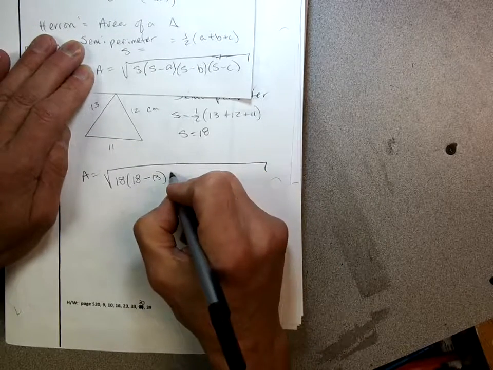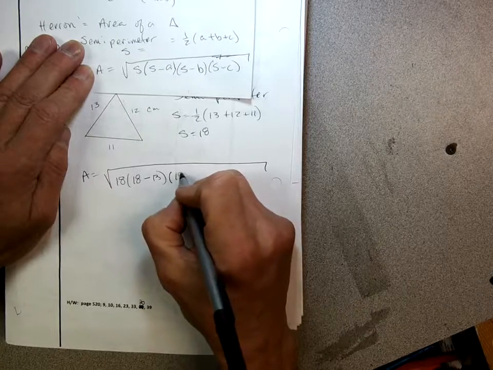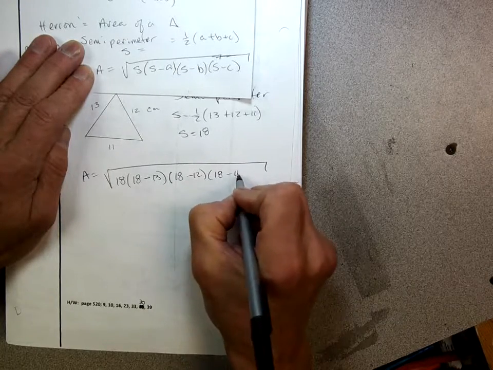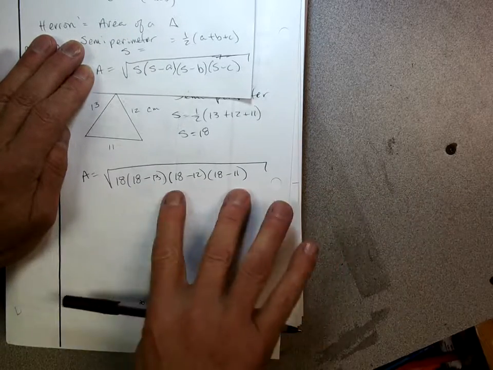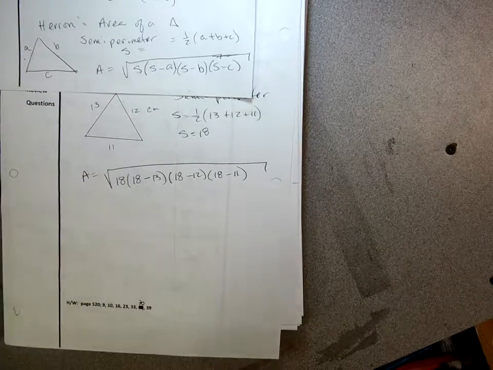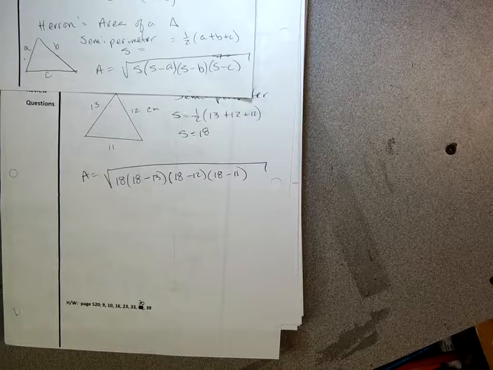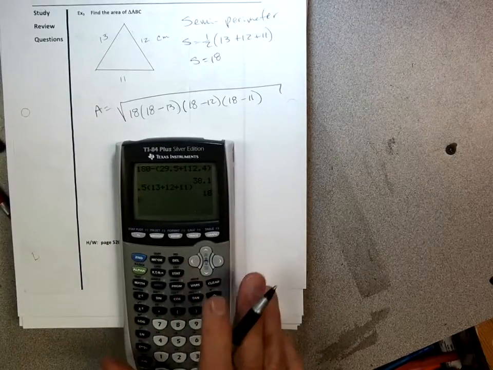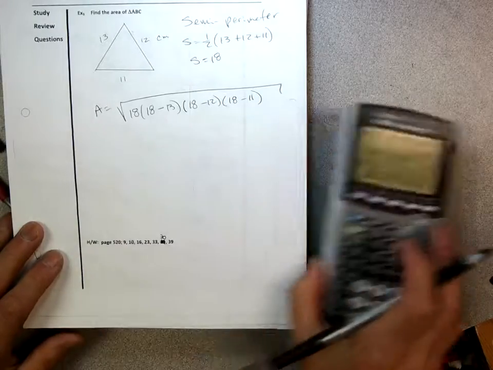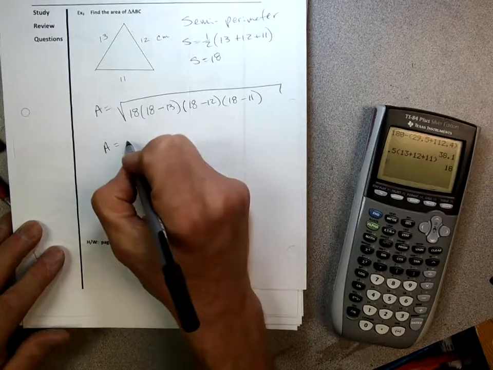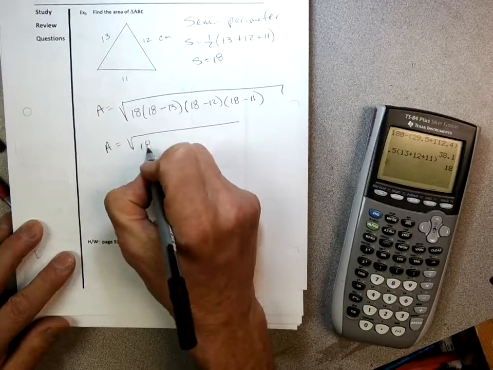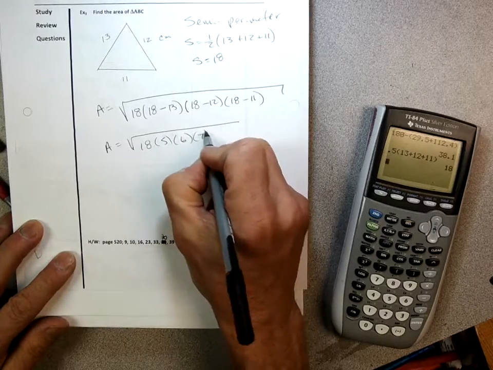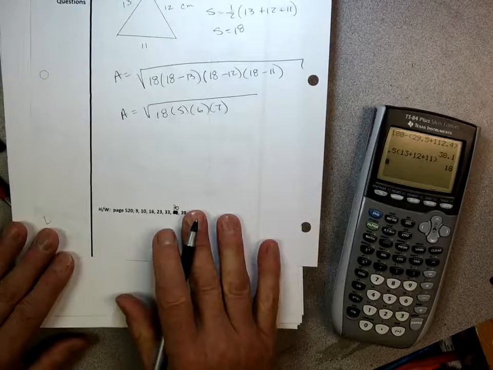Yeah, any side, totally right. Times my 18 minus 12, times my 18 minus 11. Do you guys agree with what Jose said? It doesn't really matter the order, because we can multiply in any order, right? Yeah. So anyway, I can simplify a little bit, right? 18 times 5 times 6 times 7, right? I just subtracted.